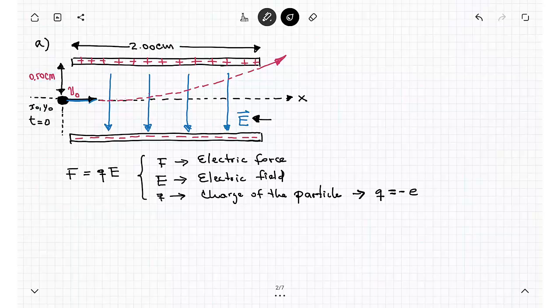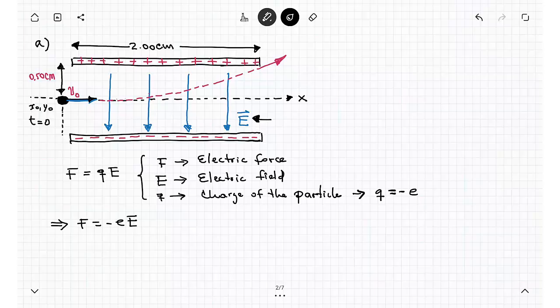Then we can write this little equation like this: F equal to minus e multiplying E. Alright, so this force is going to be a quantity that will depend on the sign of the charge.